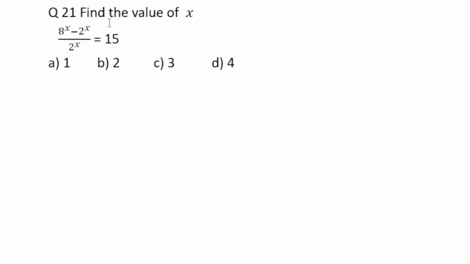Now this is the last question. 8 to the power x minus 2 to the power x divide 2 to the power x equals 15. We have to find out value of x.